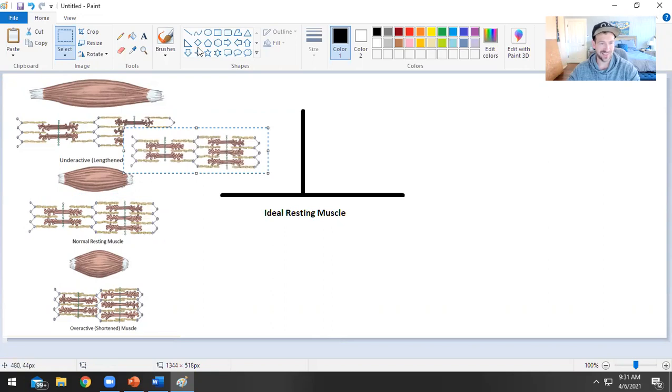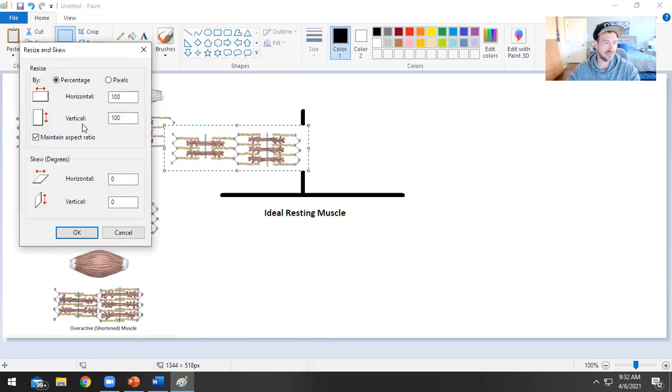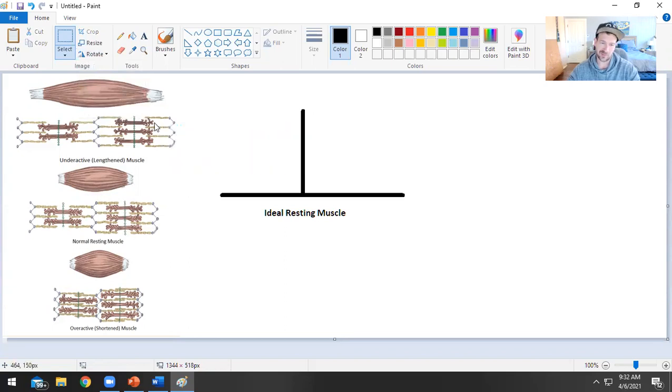Let's see here, come on. Can I rotate it? There's got to be a way to rotate it. Alt, Control, rotate. Not 90 degrees. Oh, it won't let me do it. That's so annoying. All right, well, I can't do what I want to do then. I want to turn this thing sideways.